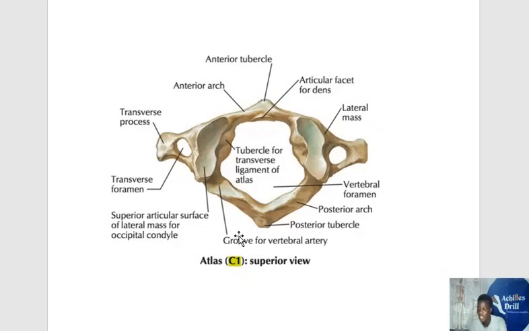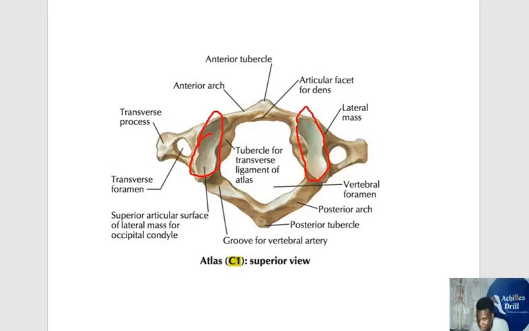Okay, well, now let's talk about some bones of the neck, the atlas and axis specifically. So if I'm asking you what bone is this, not too clear where, but then you can guess. This is the atlas, of course, and there is a textbook picture of the atlas. Now the atlas is the first cervical vertebra, okay, and it has a structure articulating directly with the occipital condyle of the occipital bone.